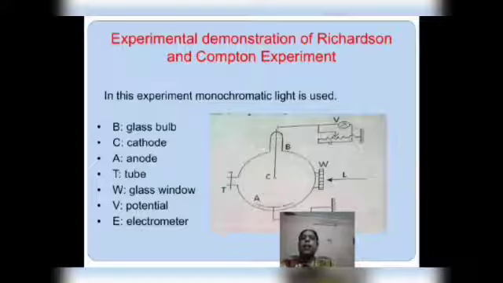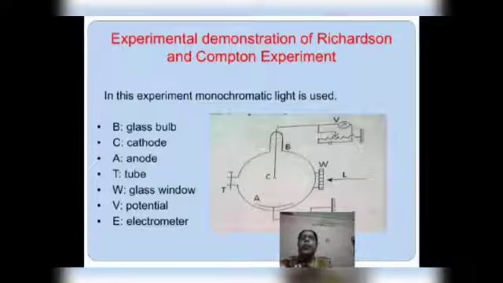The spherical glass bulb is internally coated with silver. A is the anode, connected to electrometer E, and W is the glass window.